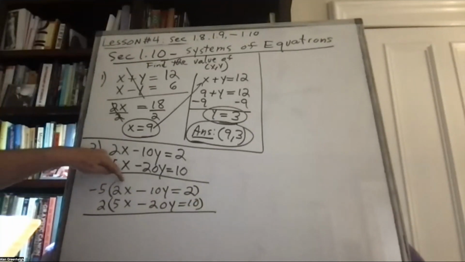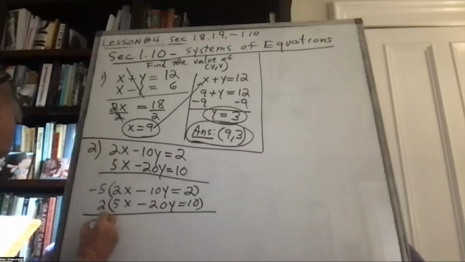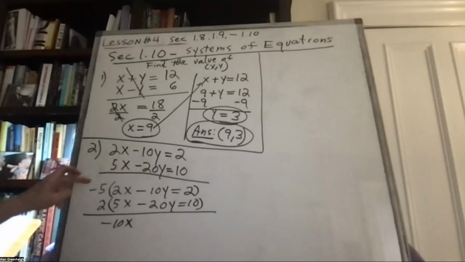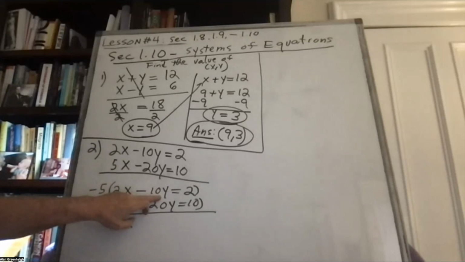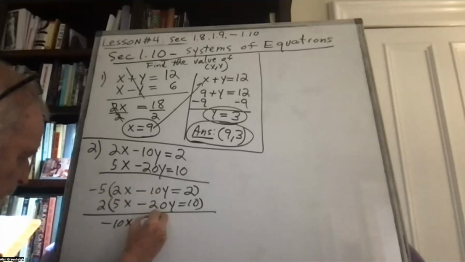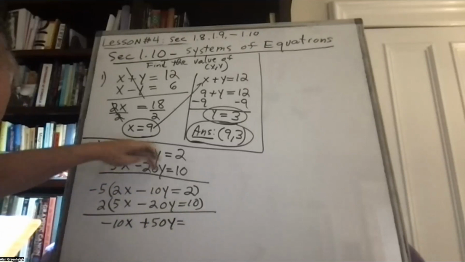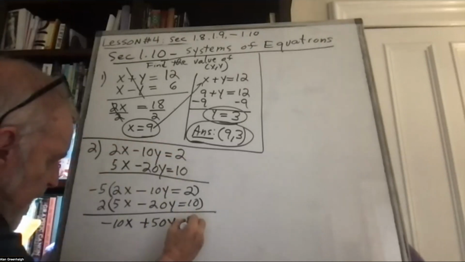So let's do the first one by -5. So -5 times 2x is -10x. -5 times -10 is positive 50. And negative 5 times 2 is negative 10.